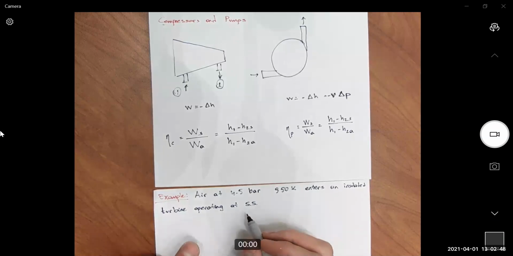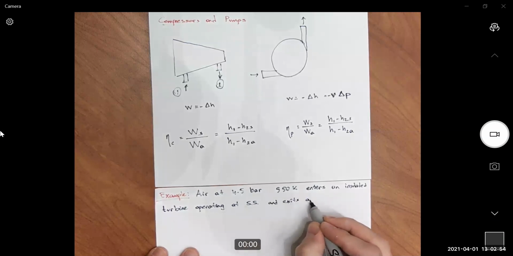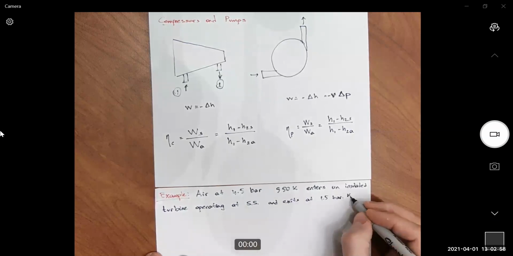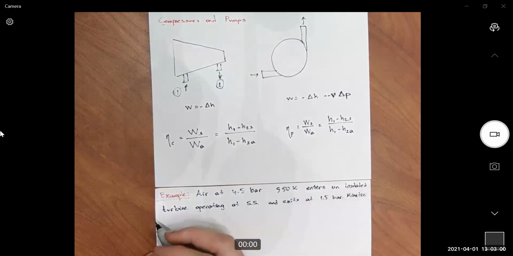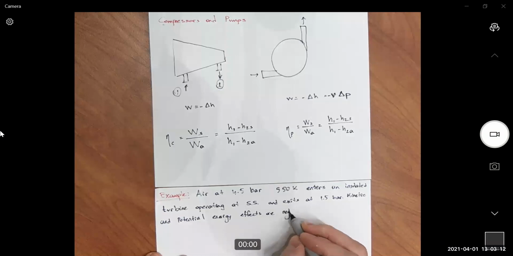Okay. Turbine operating at steady state and exits at 1.5 bar. Kinetic and potential energy effects are negligible.